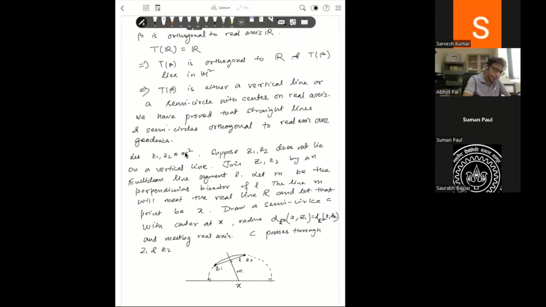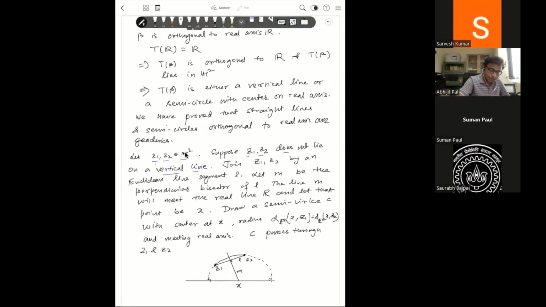Suppose we take two points, Z1 and Z2, in the upper half plane, and suppose Z1 and Z2 do not lie on a vertical line. Then the problem is to find a semicircle passing through Z1 and Z2.